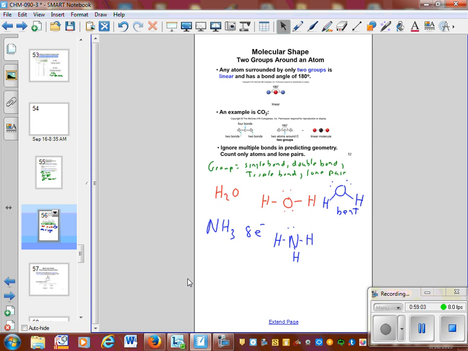So there's a name for this, and we said we have 3 things. It's trigonal, but it's not in a plane. It's not flat. These are below the nitrogen. So if I think of 3 sides that are connected on an angle, I think of something in Egypt, pyramid. So this shape is trigonal pyramidal.